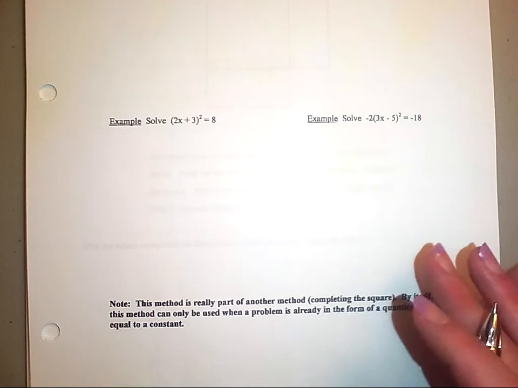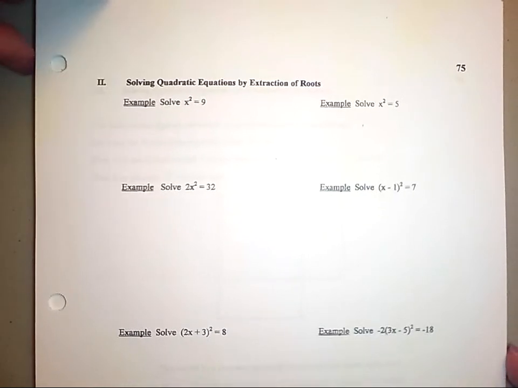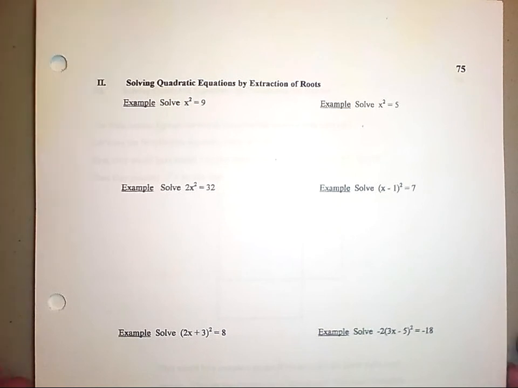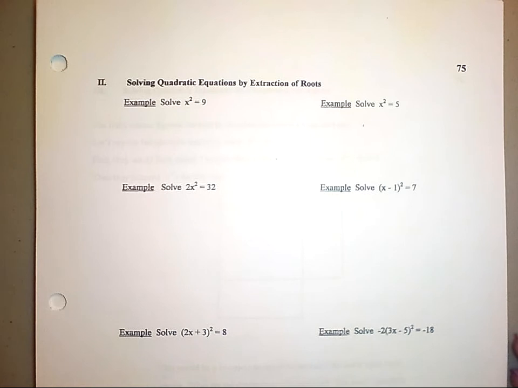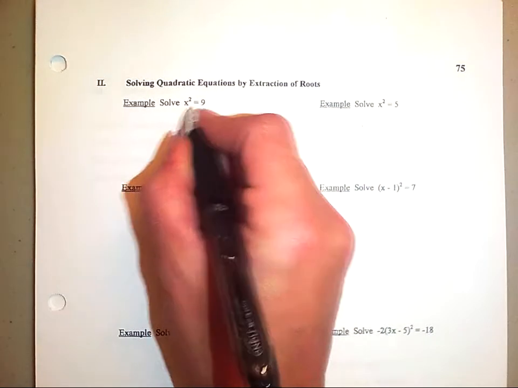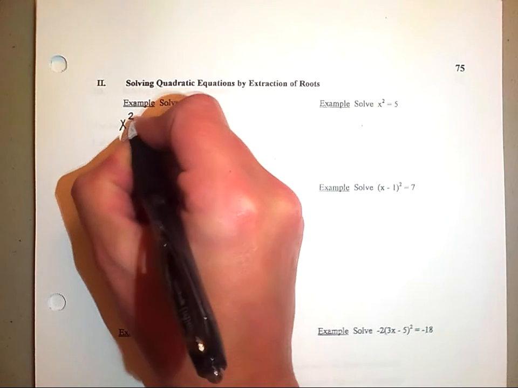Now, there's another method that they call extraction of roots. This is a case where we don't necessarily need anything set equal to 0, but we're going to have to remember. First, let's set this equal to 0 so we can see what we have. We would have x squared minus 9 equals 0.